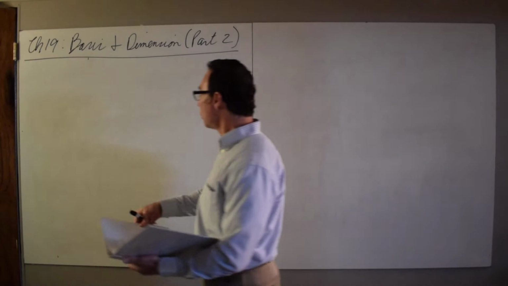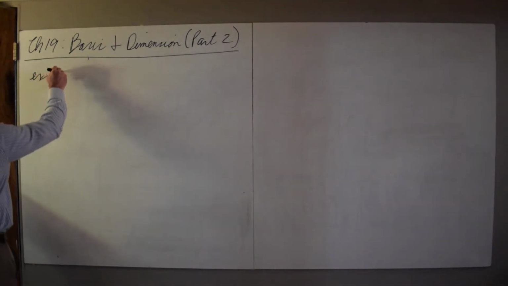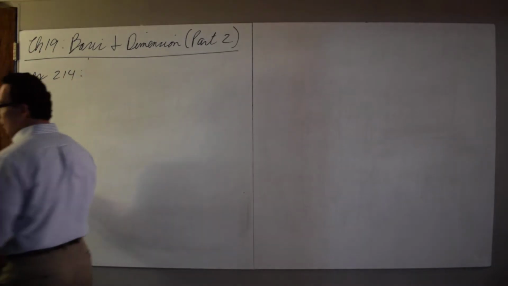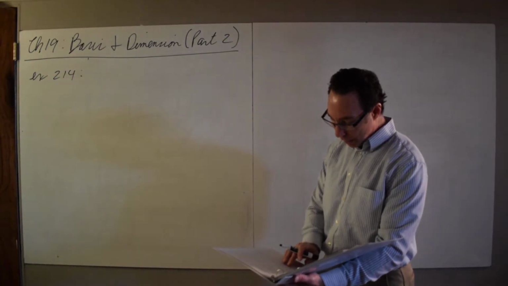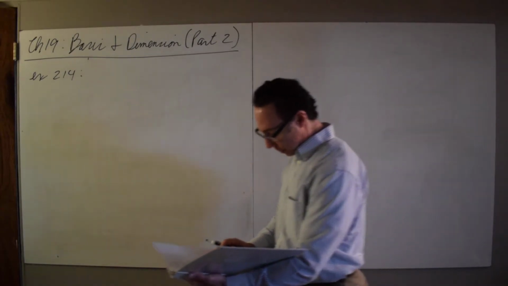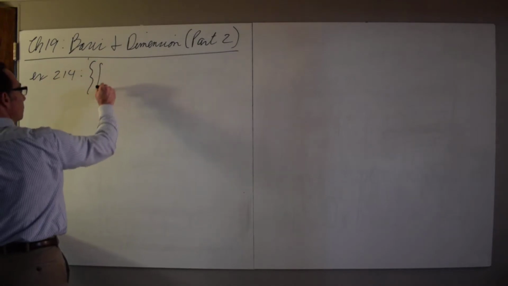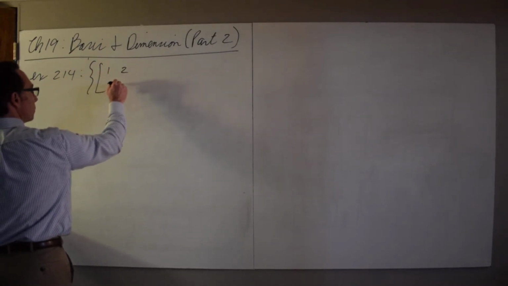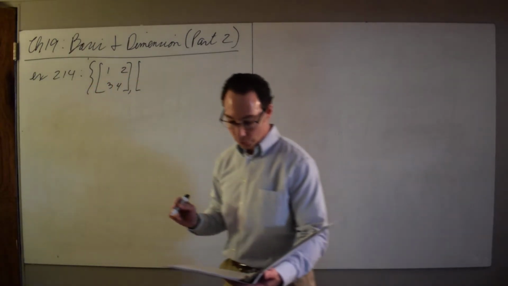In example 214, we are given four matrices in M2 by 2 and asked if they form a basis for the vector space. In this vector space, vectors are matrices.